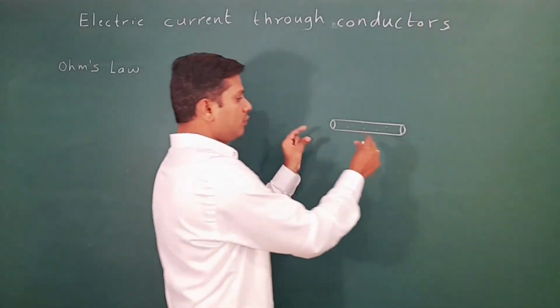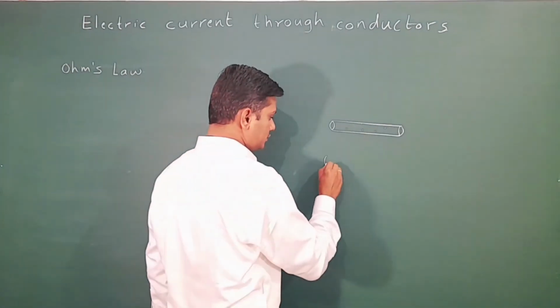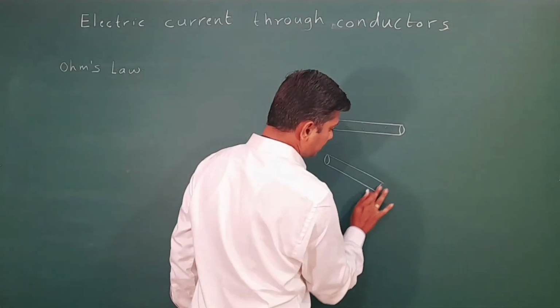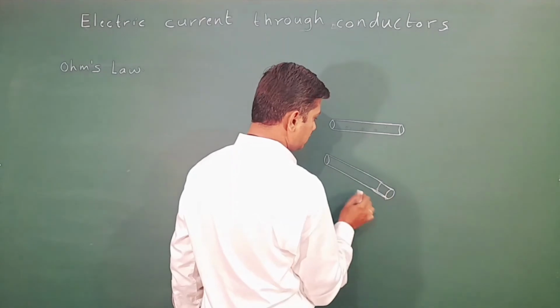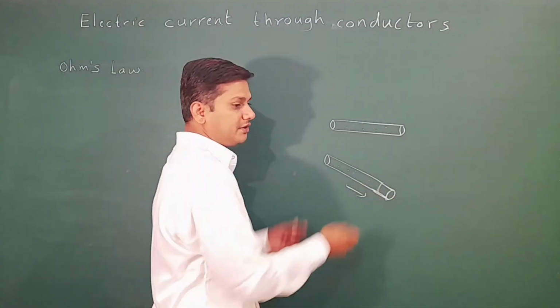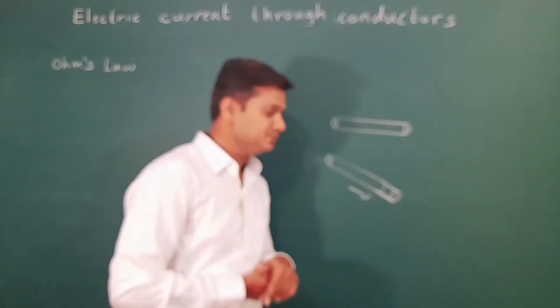So to make the water flow, we need to tilt the pipe slowly. If we tilt this pipe, what will happen is that water will start flowing. So to make the water flow, a difference in pressure is required, otherwise water won't flow.